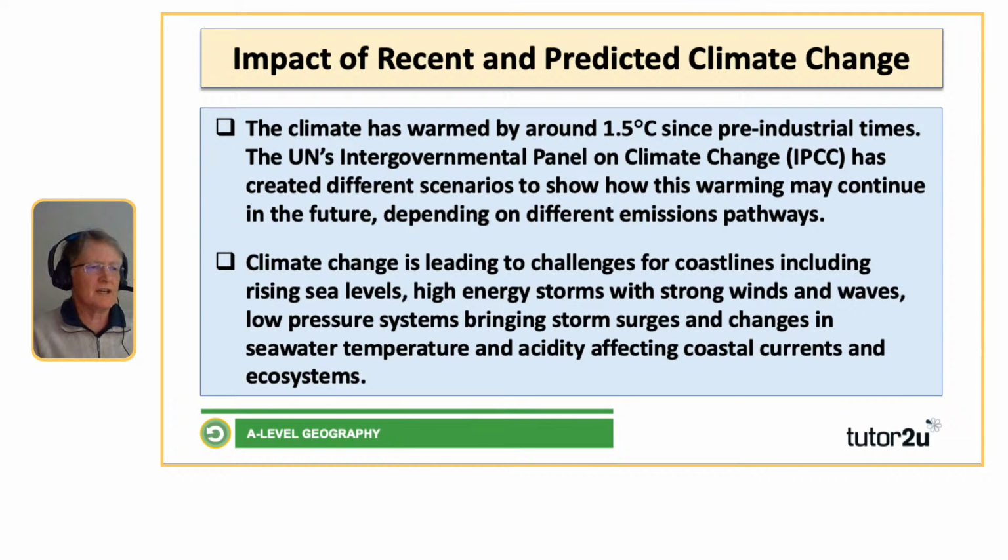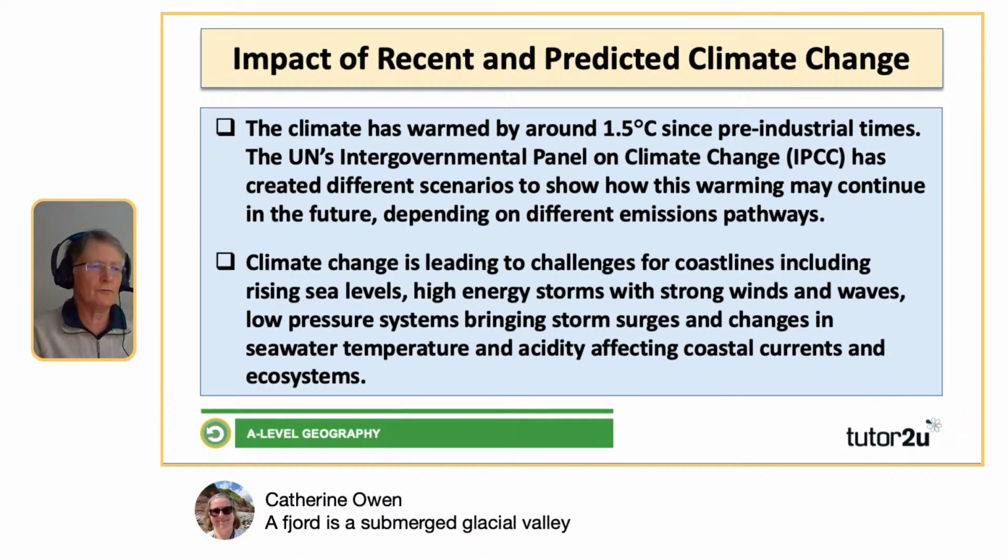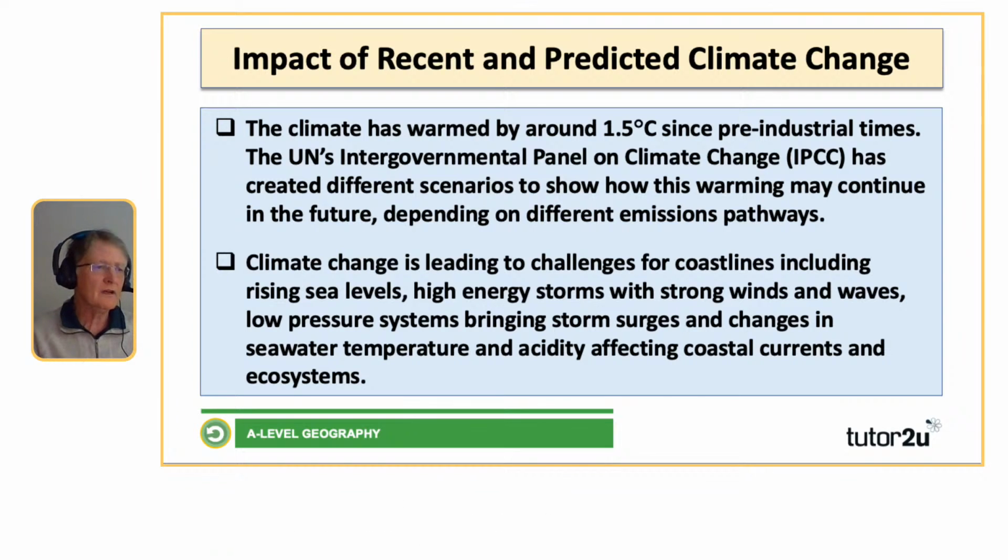So just today it was announced, and I'm reading here from the BBC website, fueled by climate change, the world's oceans have broken temperature records every single day over the past year. And that's today's news. So there are implications. The second point here is about the implications for coastlines.